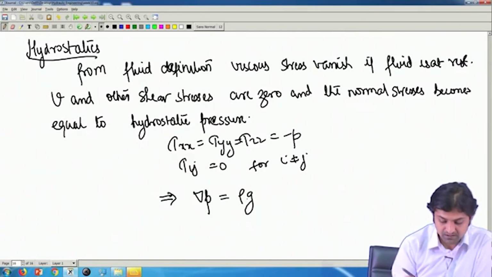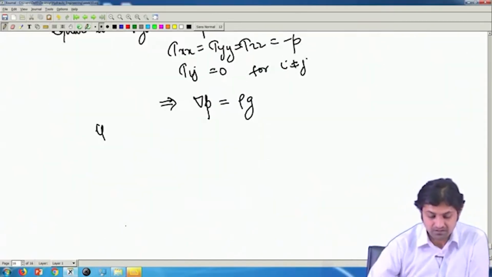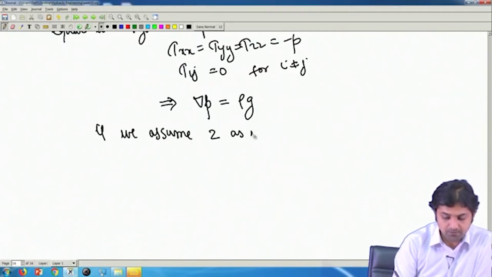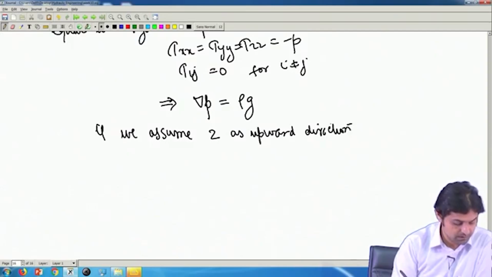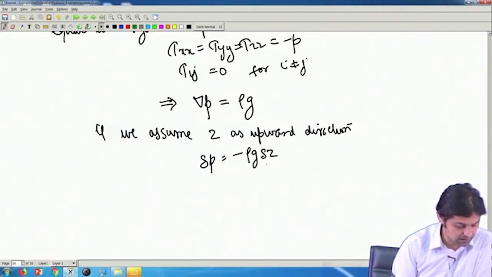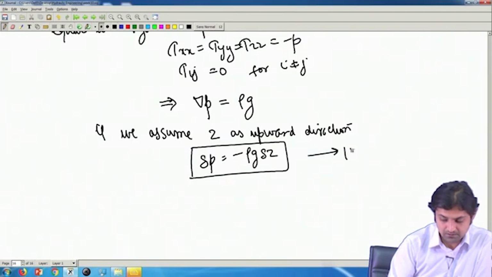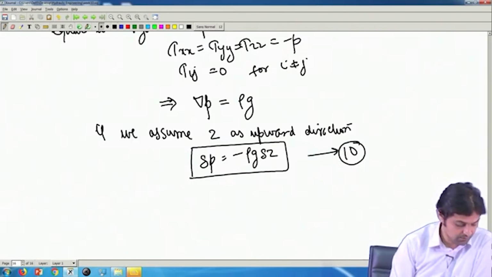All right. If we assume z as upward direction, that means delta P will be minus rho g delta z. This is equation number 10.